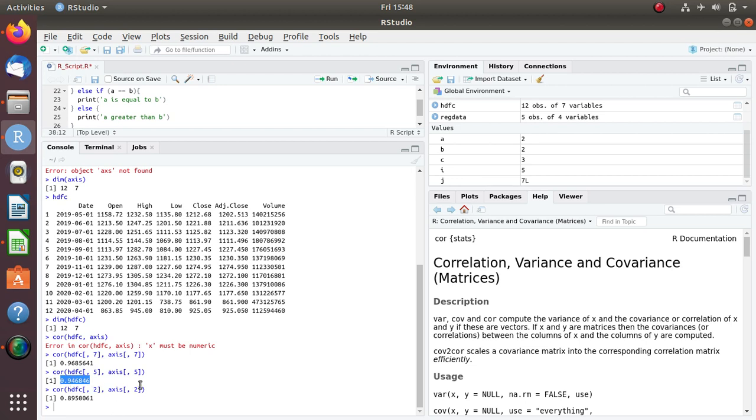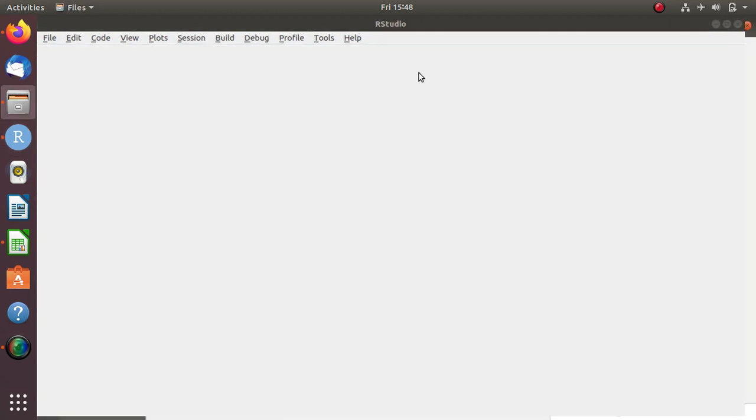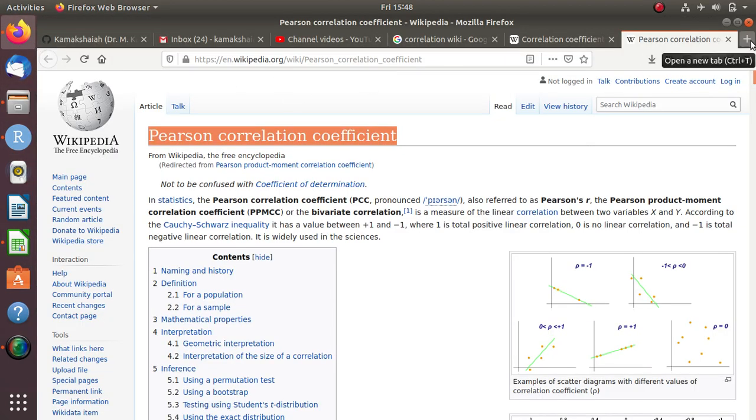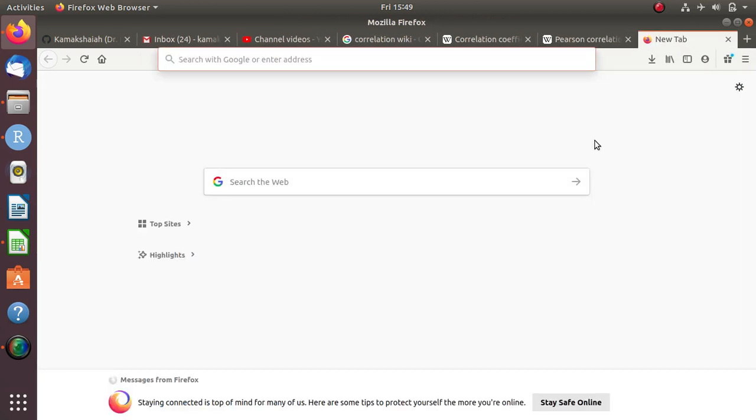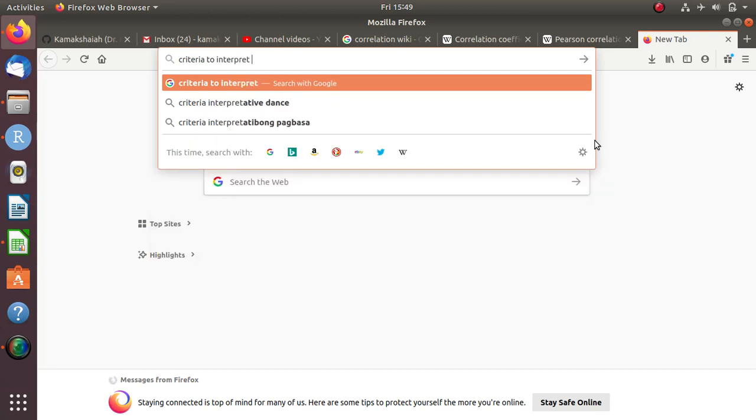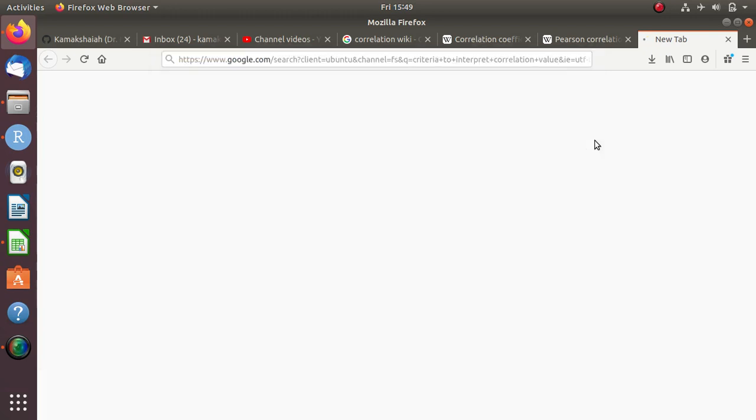By the way, you have a criteria: usually any value above 0.5, close to 0.9, is the criteria to interpret. You have everything online, how to interpret the correlation value.